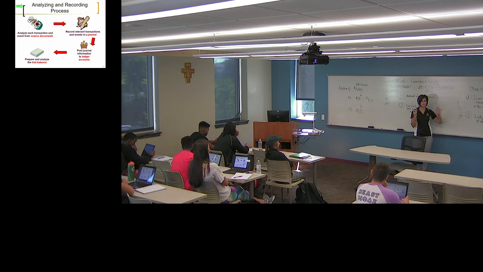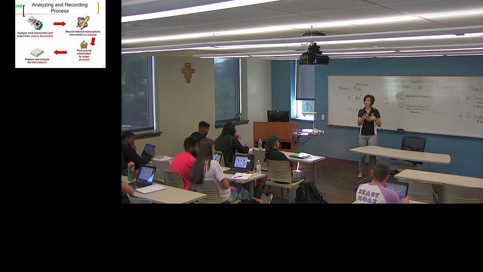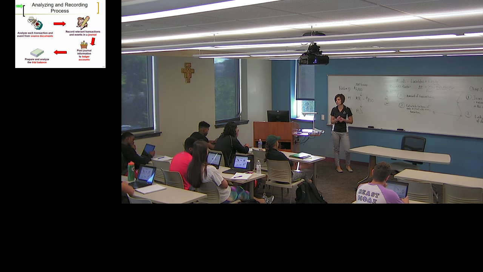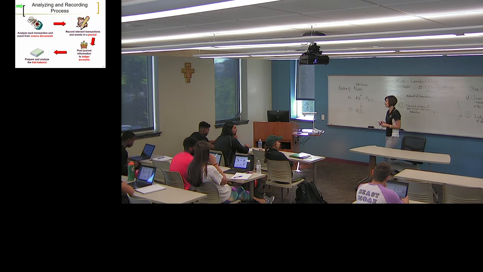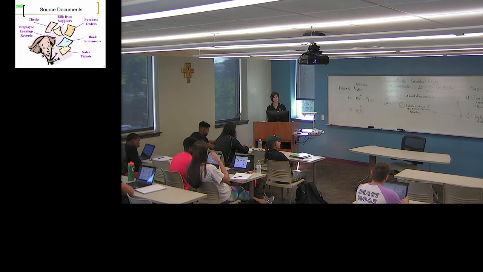So we're just transitioning. We're not really learning how to record anything new. We're now just introducing you to the official documents that accountants really use in the office. The last thing we'll do is something called a trial balance, but I'll get to that later. That comes at the end of the chapter, so I'm not going to worry about that right now. You with me so far?